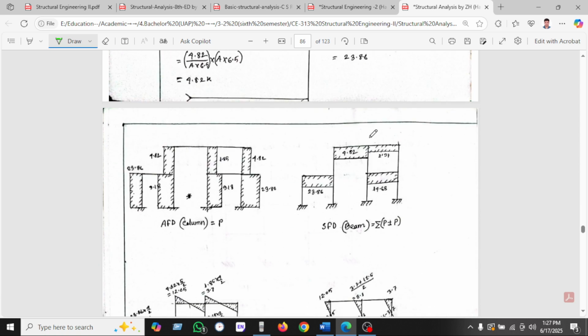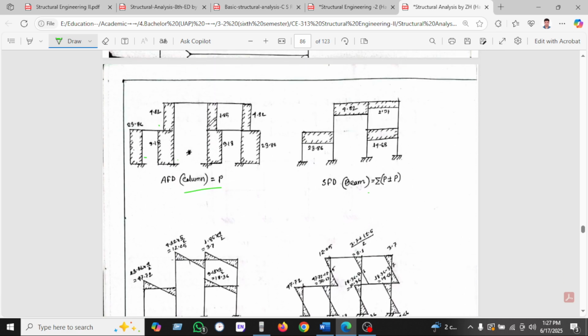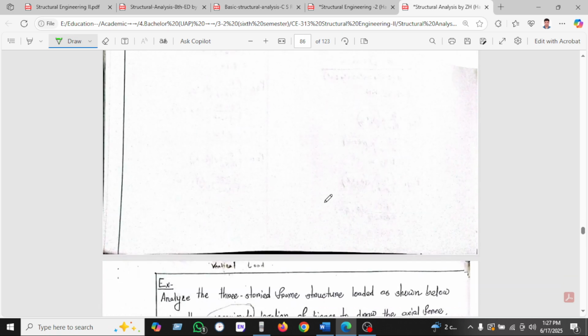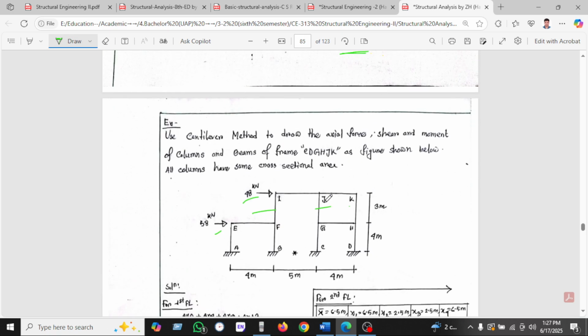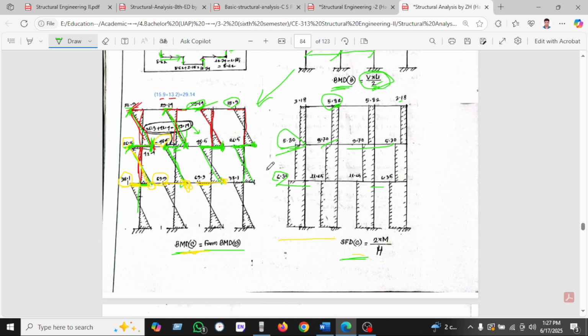After the axial load we draw the shear force, taking the shear force moment here, and after the shear force we find the bending moment of the beam, which is P into L divided by 2. After finding the bending moment, we can find the bending moment of the column for balance purposes. You can just take a look, but if you understand this then I will be grateful.